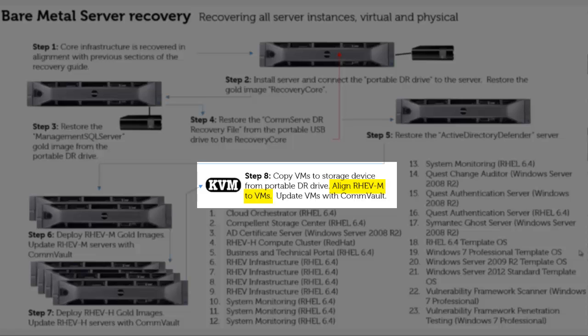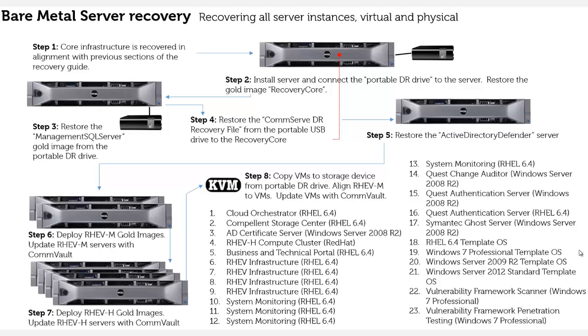So we need to go into Red Hat and make the association from, hey, here's the RevM cluster, now here are your virtual machines, go to it. So we need to make that alignment. And then where updates are required, we use CommVault to update and bring these 23 virtual servers back online.